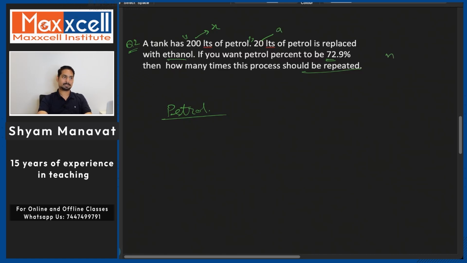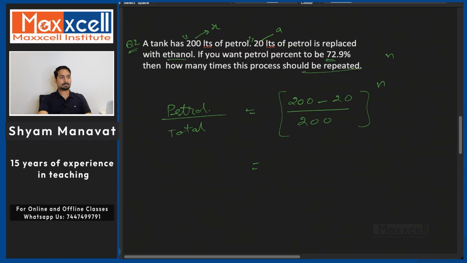We don't know. That's what we need to find out. Okay, so petrol left after n number of operations, let's assume n, divided by total volume. This should be equal to x minus A divided by x to the power n. We need to find out n.